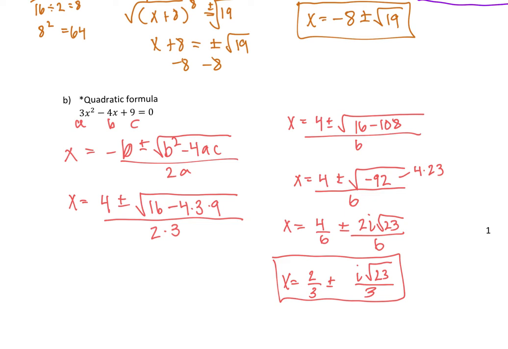Okay, that is solving quadratic equations. Just remember, we have multiple ways to solve quadratic equations. We can factor, we can use the complete the square process, we can use the quadratic formula. If they're in the right format, you can use the square root property. So 4 different ways really to solve a quadratic equation.